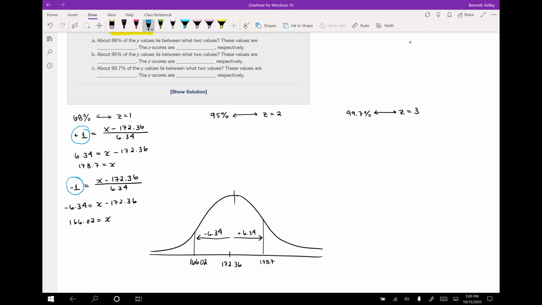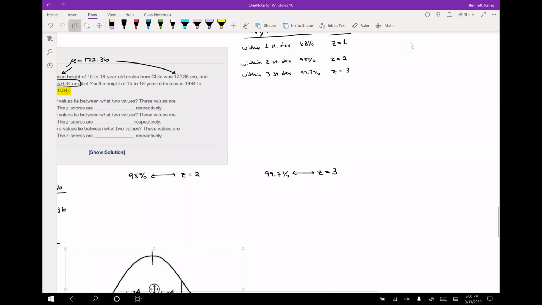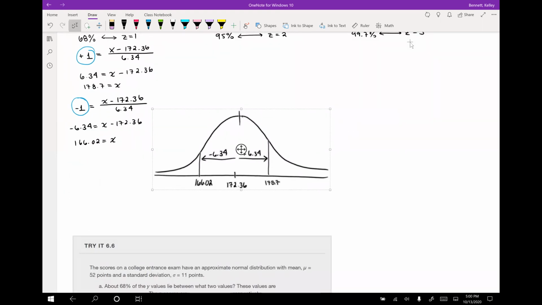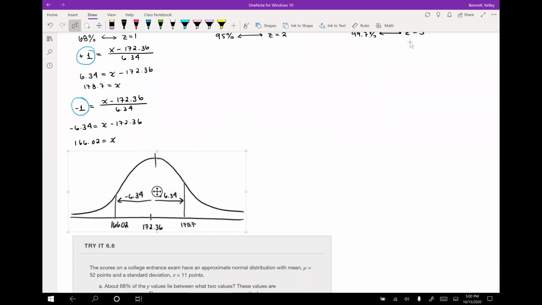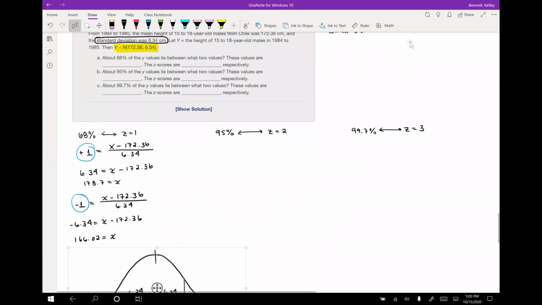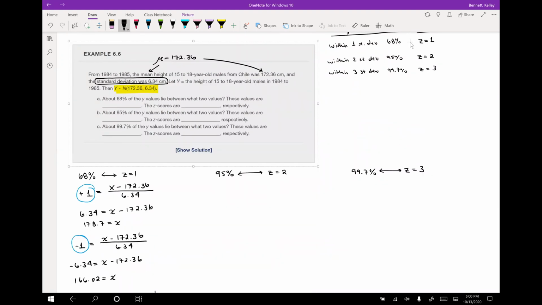So we're going to have 2 equations here. We're going to have, for the second guy, for 95%, we are going to have 2 equals x minus mu, which was 172.36, over the standard deviation 6.34.